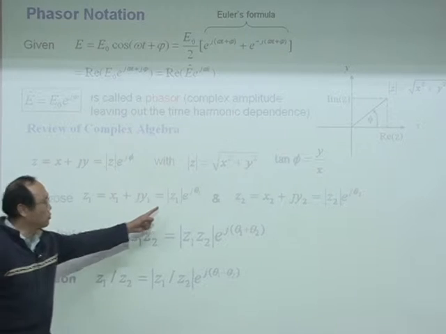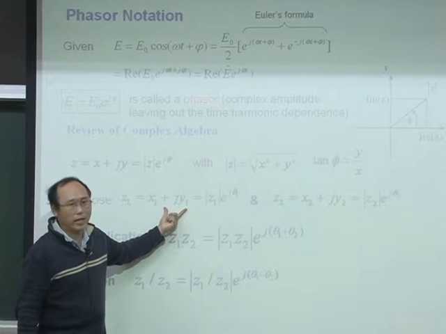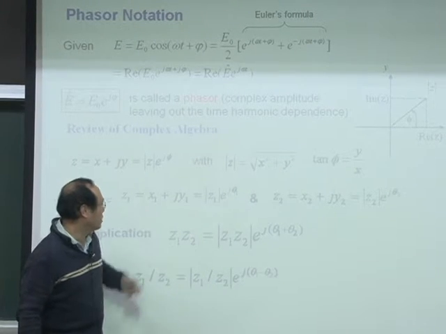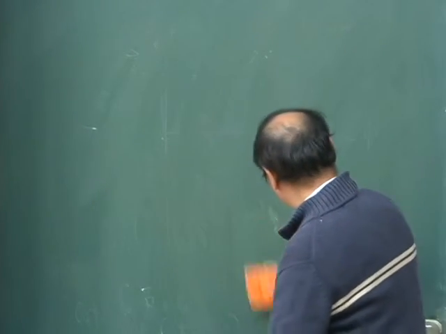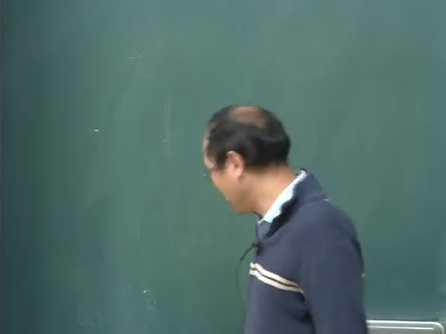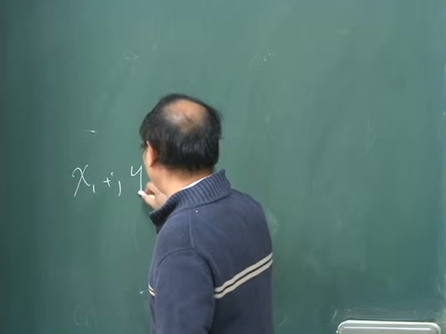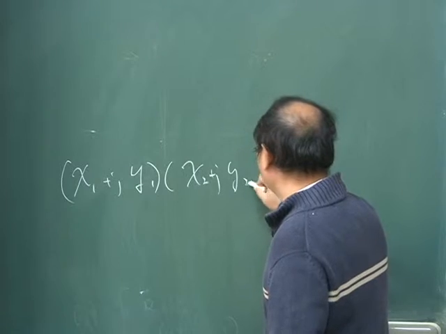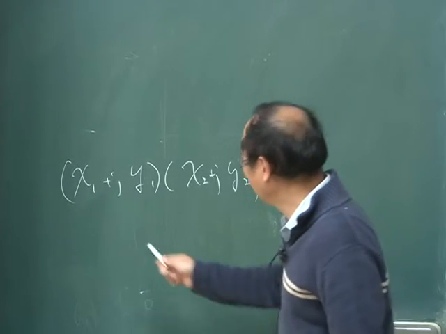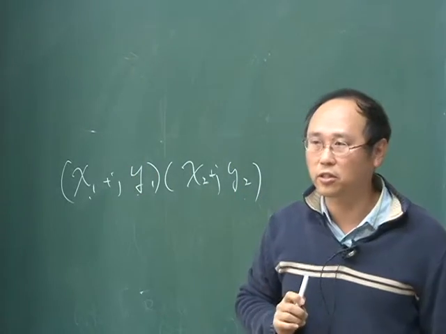OK，这极坐标的形式。那你如果要做相乘的动作的话呢，看起来还蛮麻烦的，right？ If you want to do z1 z2 multiplication, then you have to expand it into 4 terms. That is x1 plus j y1, multiply with x2 plus j y2, then you end up with 4 terms. You multiply these two together, and then these two together, and then the cross product terms.